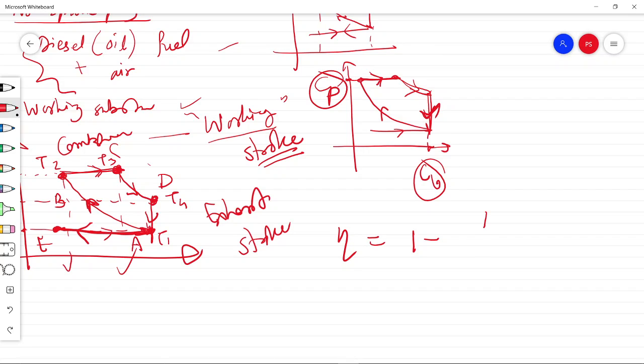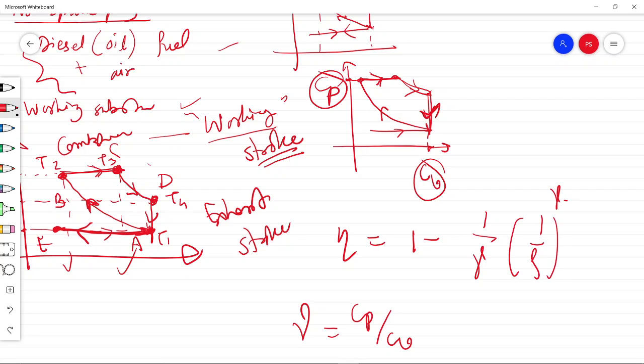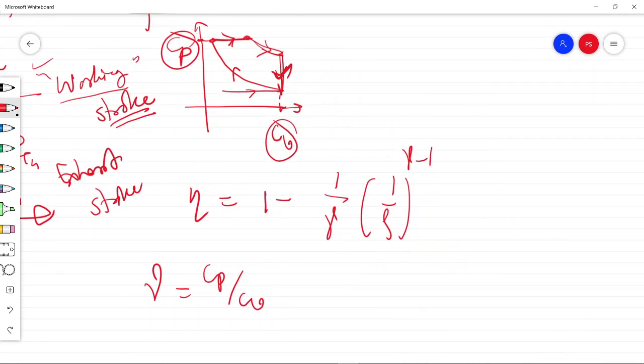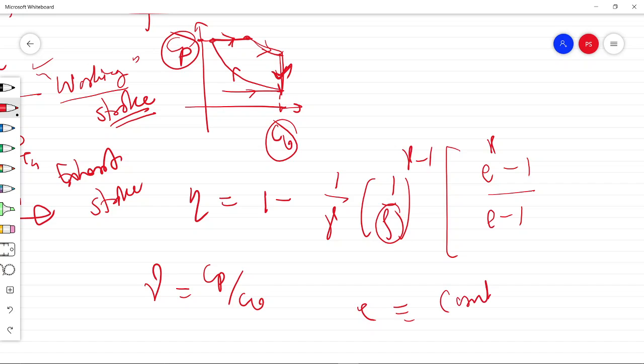This is given as 1 minus 1 upon rho raised to gamma minus 1, into e raised to gamma minus 1 upon gamma times e minus 1. Note that this gamma is just the ratio of Cp upon Cv. So of course it also depends upon the value of rho, which is the adiabatic compression ratio, and e is the combustion compression ratio here. That is another ratio.